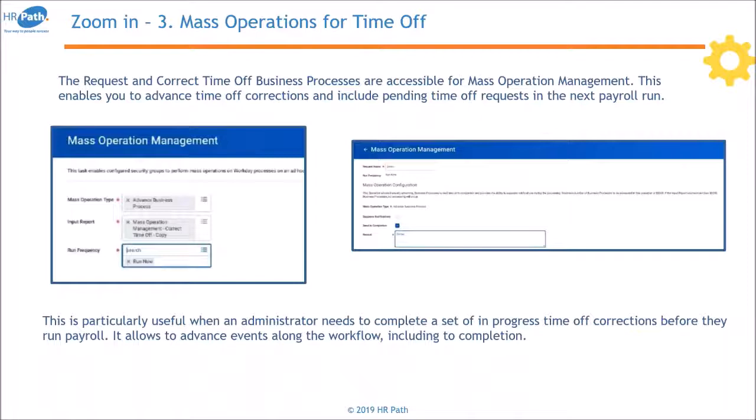You select the report concerned, and then you just need to run it, and you check the box send to completion to complete the task. And to enjoy this new feature, you need to add security groups to the manual advance section of the correct time off business process policy.